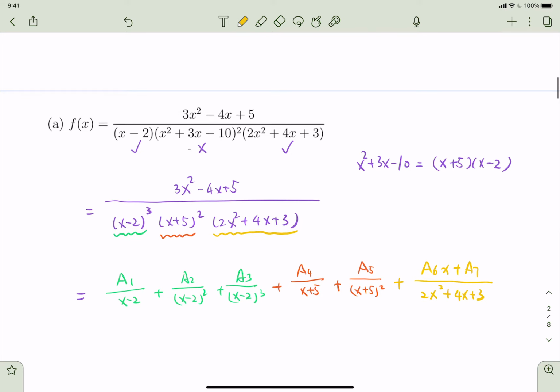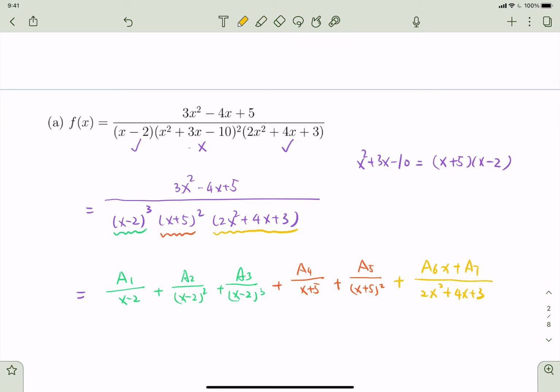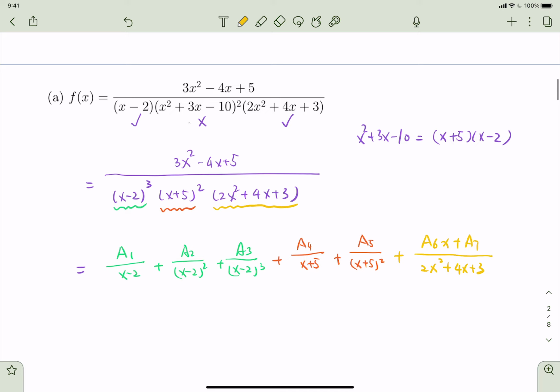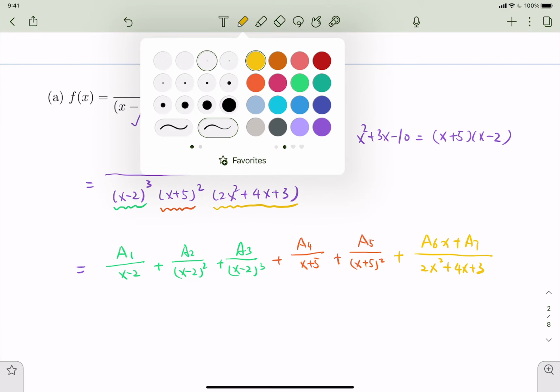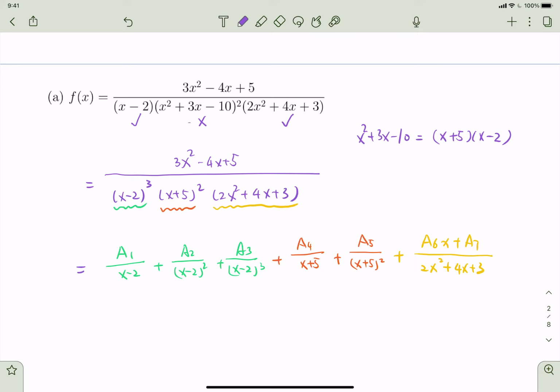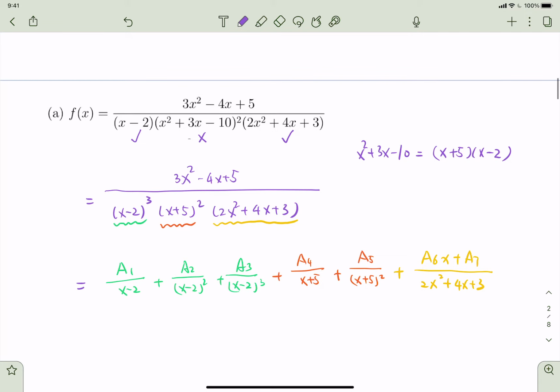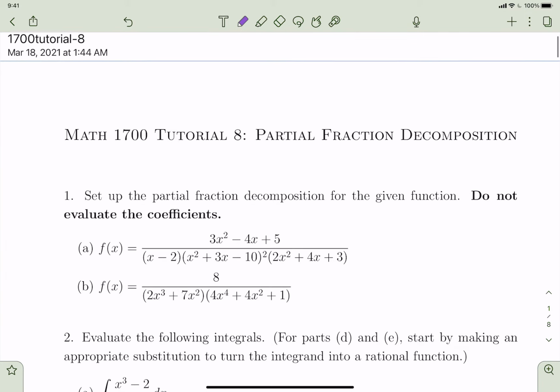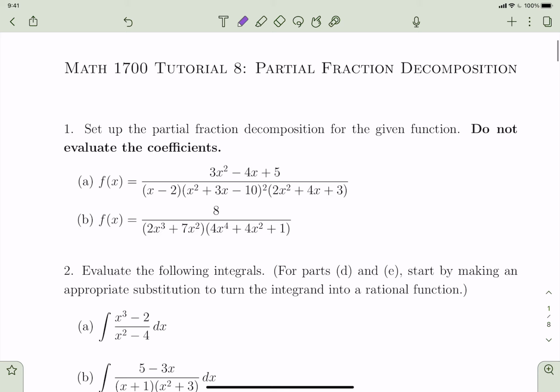Okay, so that is how we set up the decomposition, and we don't have to evaluate the actual a_i's here. So we're done for the first question. Just keep in mind that we have two things to check before we do the decompositions. So now that is our question A.